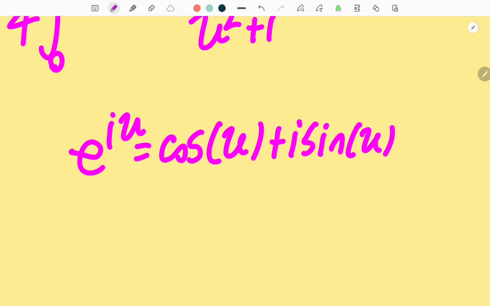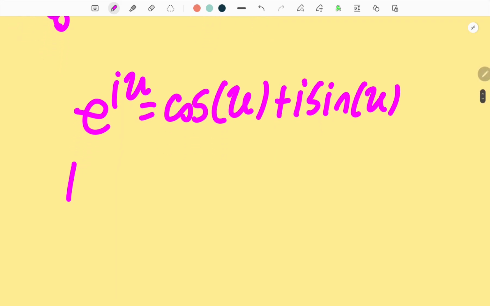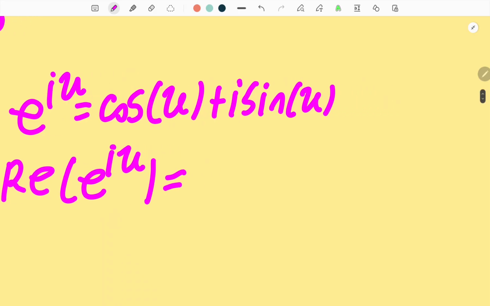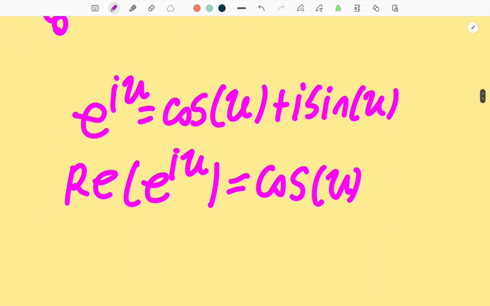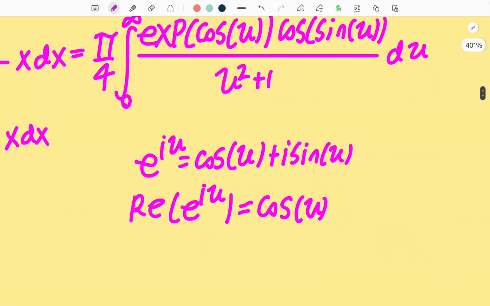Now, if we take the real part of Euler's formula, so the real part of e to the iu, well, that's just going to be equal to cosine of u. There we go. Now, if we had taken the imaginary part of Euler's formula, then we would get the sine function. Pretty cool. Now, what we need to do is replace u with sine of u.